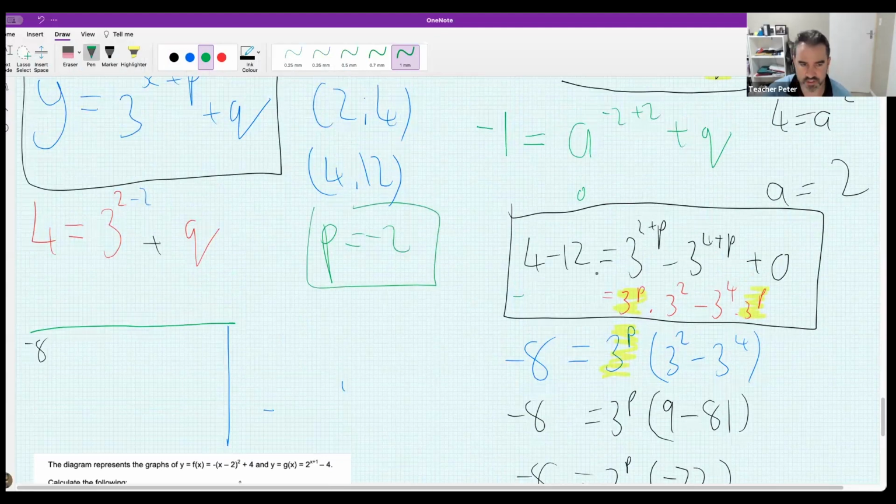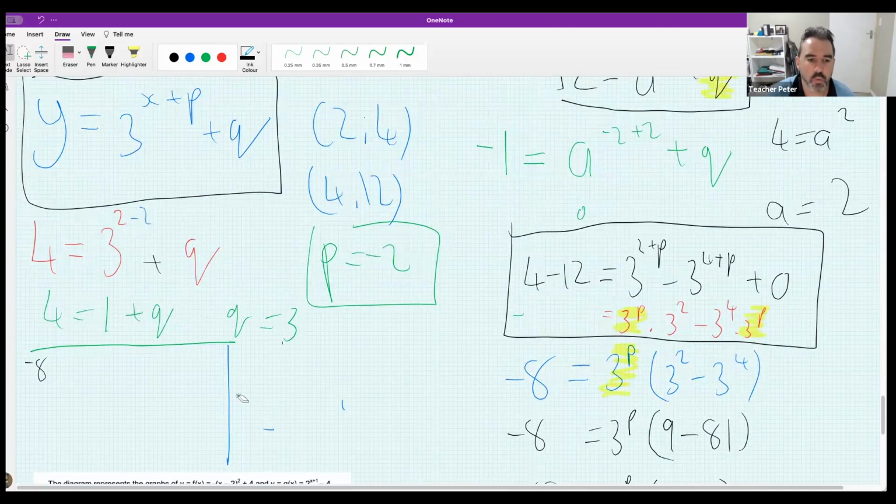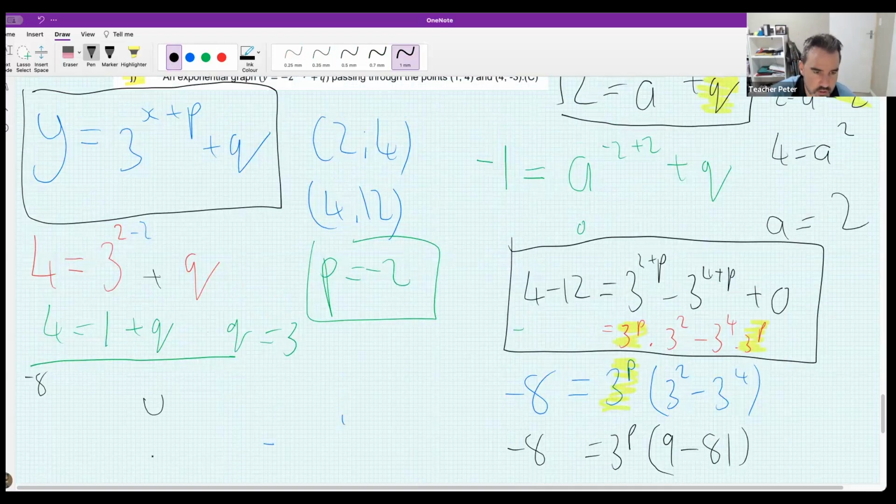That was all the hard work over there. What is the q going to be? Yeah, so q is going to be 3. Oh my goodness gracious, what a mission. So what is the final equation of this exponential? It's going to be 3 to the x minus 2, and then this is going to be plus 3.